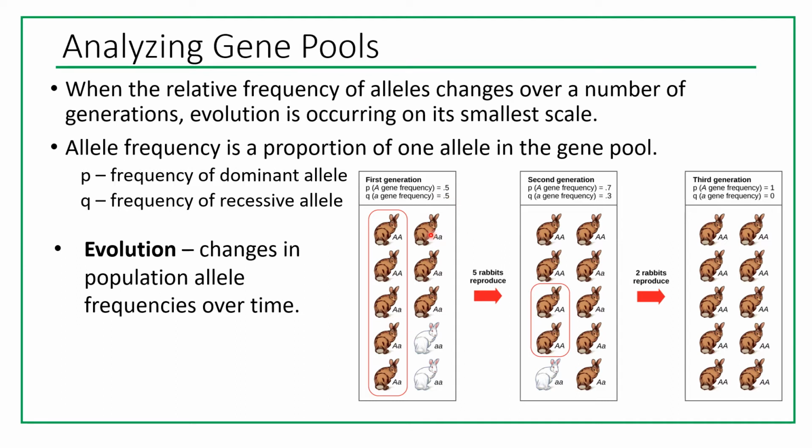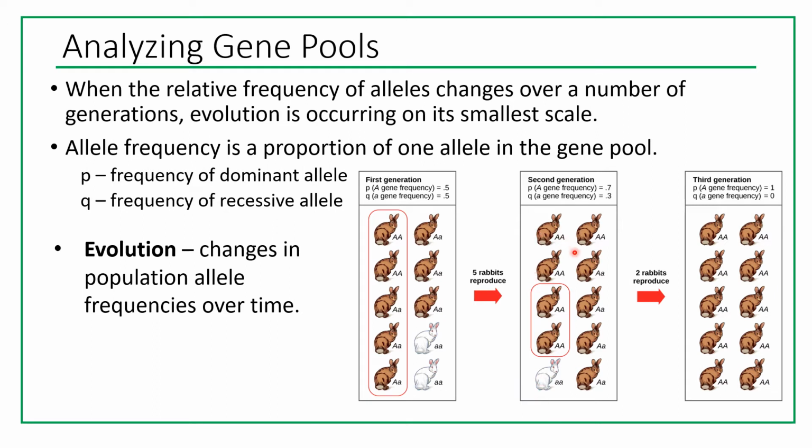Now, if we are evolutionary biologists and we study this population in nature, and then we come back to this population maybe a couple of years later, or maybe even next year, and we look at the second generation, now we have only one white rabbit.